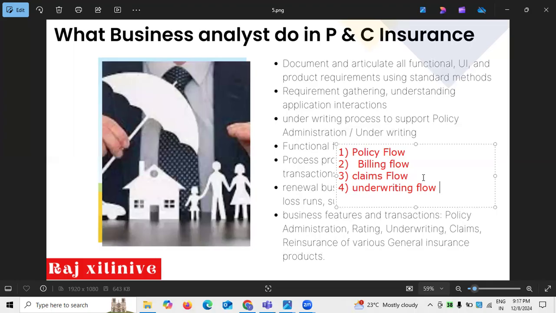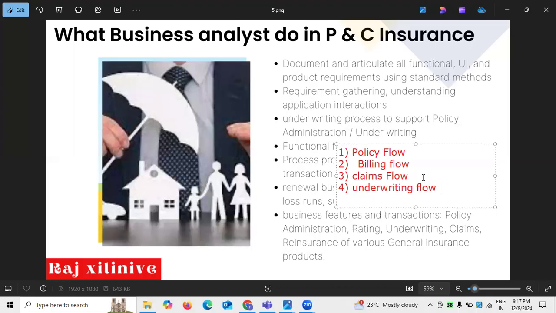That's the reason why, being a BA in property and casualty insurance, there are four major flows. One is the policy flow, second is the billing flow, third is the claim flow, followed by the underwriting flow. These are all the major things you must be knowing. Apart from that, of course, rating and everything will be there.